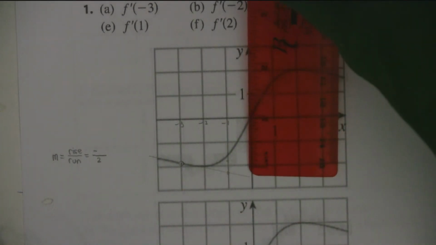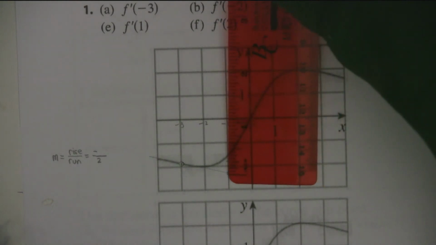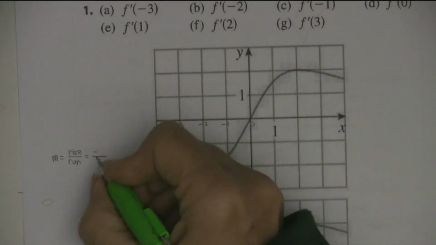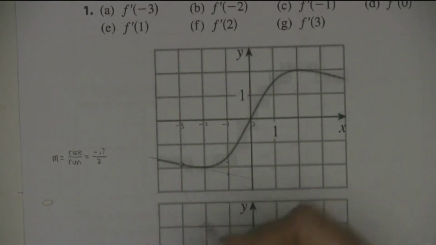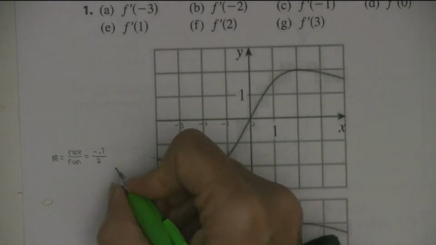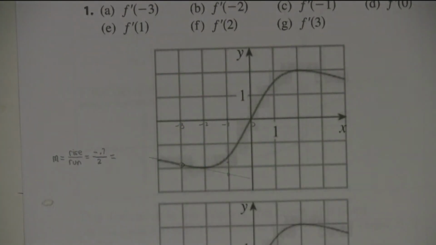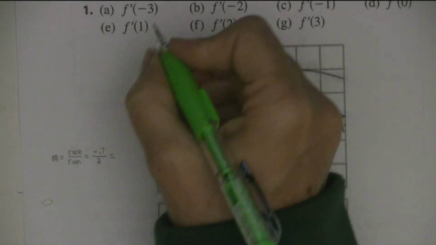Don't get out a ruler and measure it. Maybe 0.7. Is that distance there from here to here? And so, long story short, I would be estimating my slope there to be like -7/20.